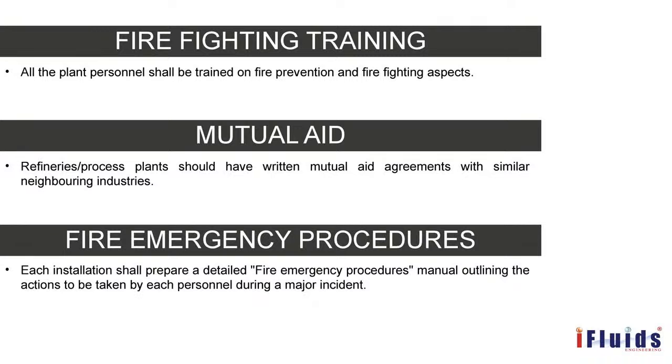Next chapter is chapter 20, which is fire emergency procedures. Each installation should have fire emergency procedures. In order to develop this emergency response procedure, the PNGRB guidelines are available, which are applicable over here.